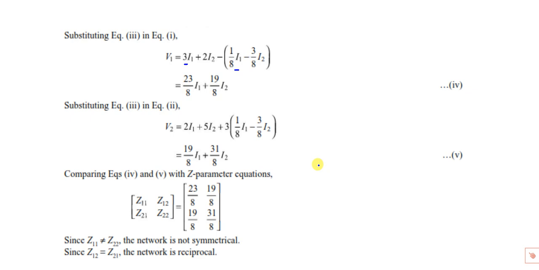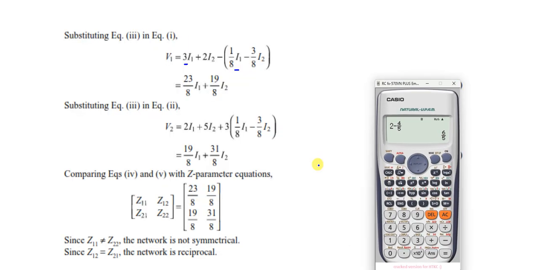Again, I told you how to do that in the calculator. You can do like this: 3 minus 1 by 8. You get 23 by 8.